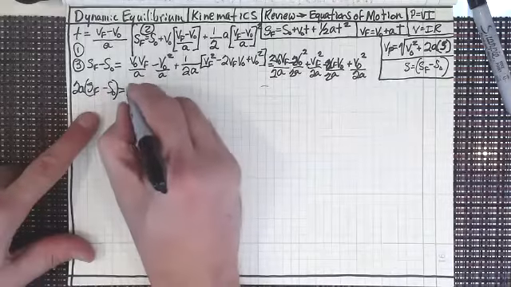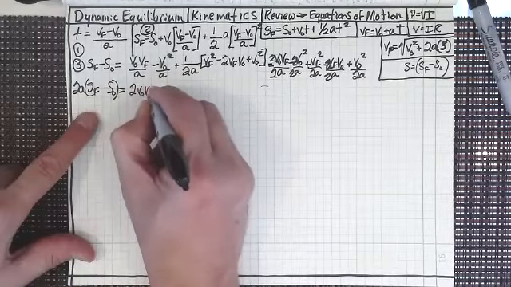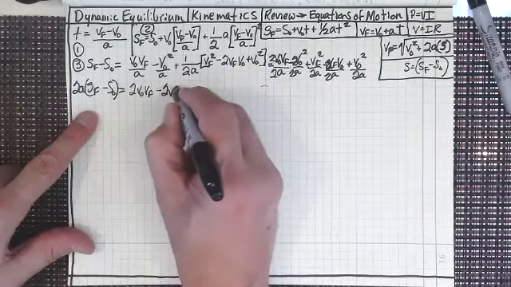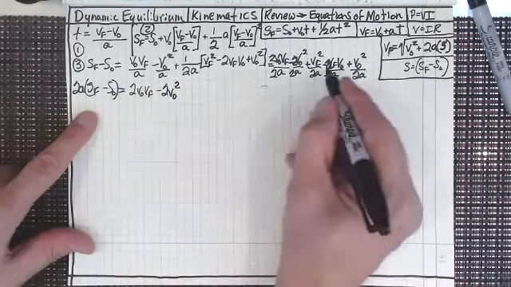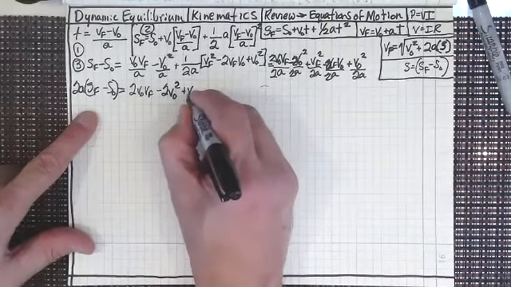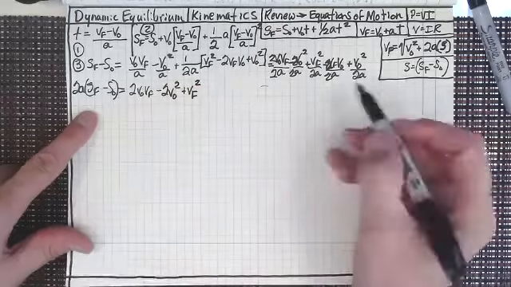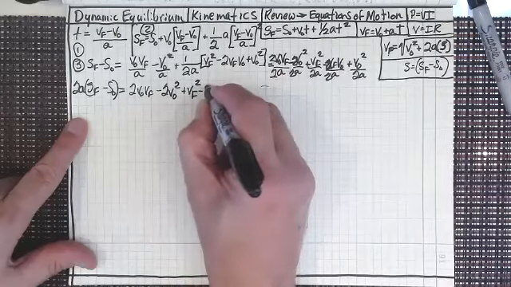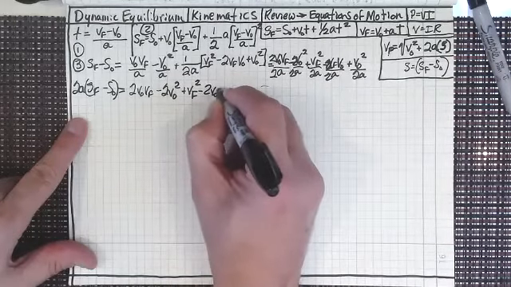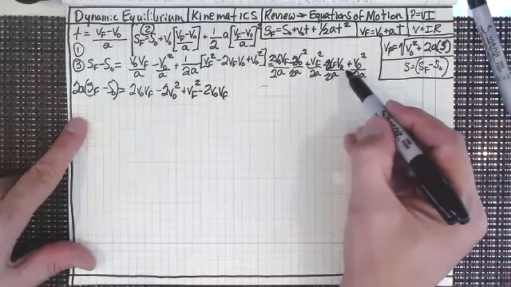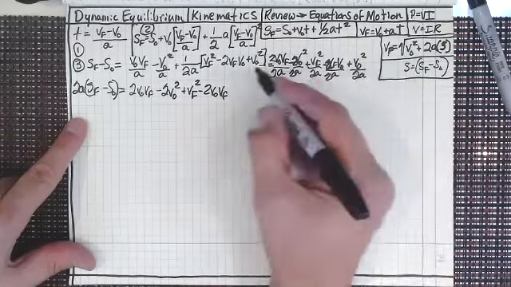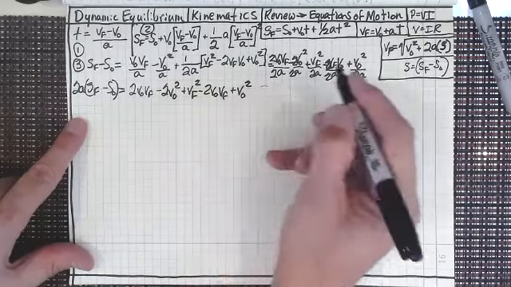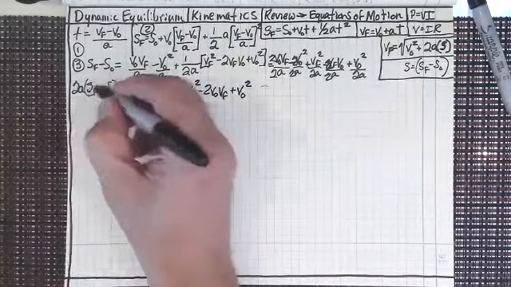So I've got 2 V sub o V sub f minus 2 V sub o squared plus V sub f squared, because I got rid of the 2a, minus 2 V sub o V sub f, plus V sub o squared. Does everybody see what's happening here?